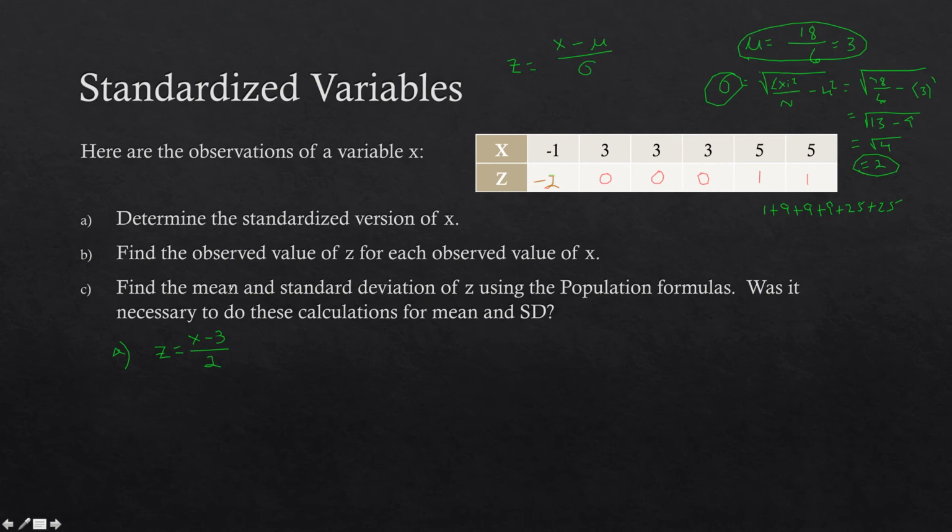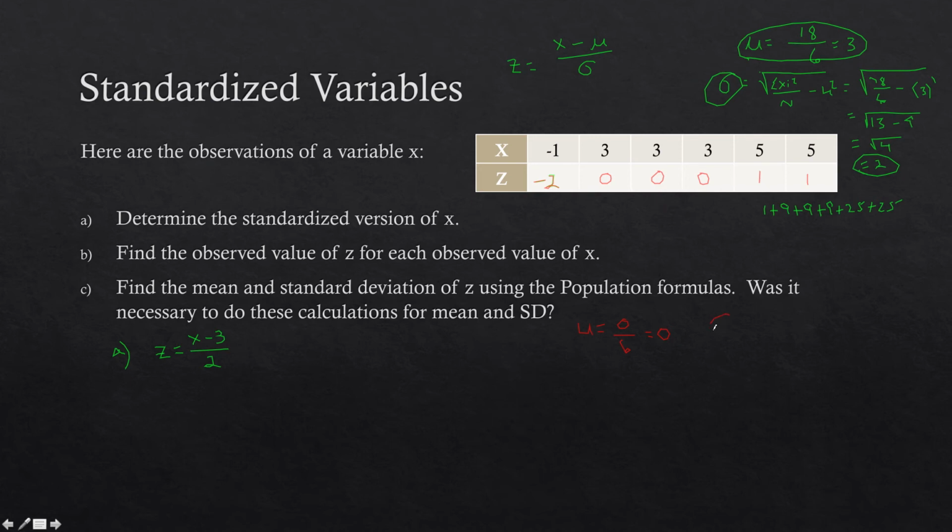So find the mean and standard deviation using the population formulas. So if I do that, I'm going to take my population formula here, and I'm going to find the mean of z. So -2 plus zeros plus 1 plus 1. If you add up all of these on the bottom row here, it's going to give you 0. So my population mean is 0.